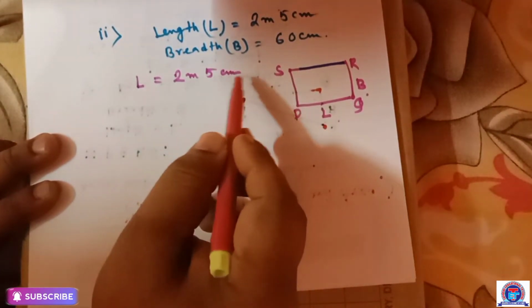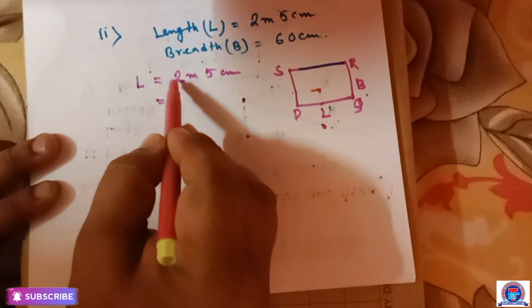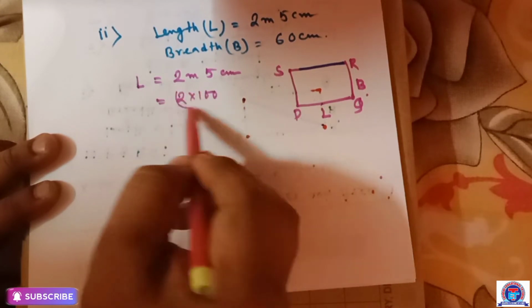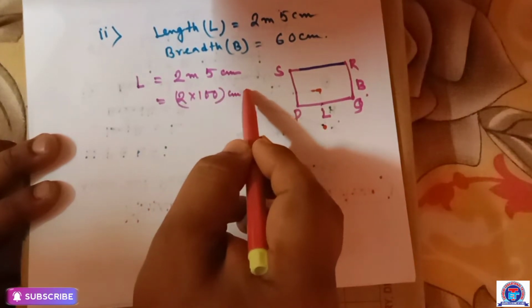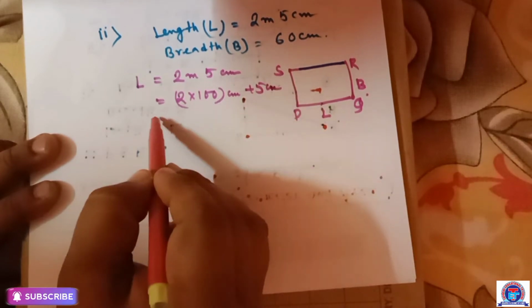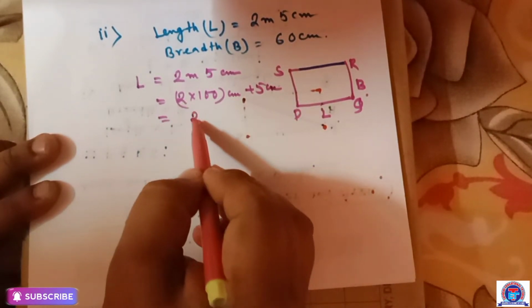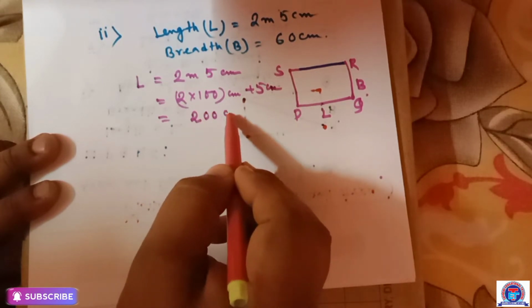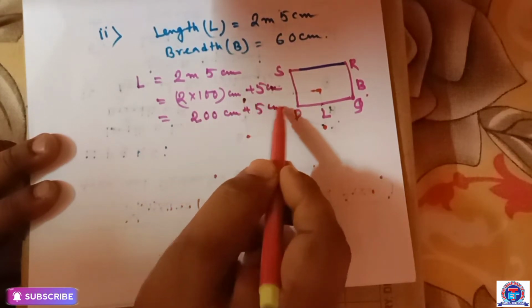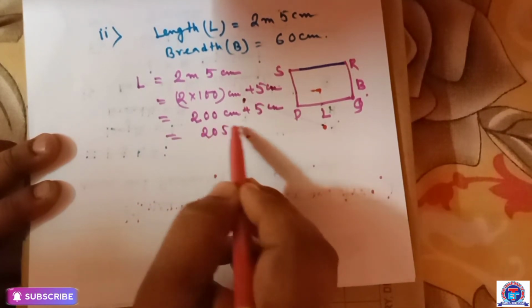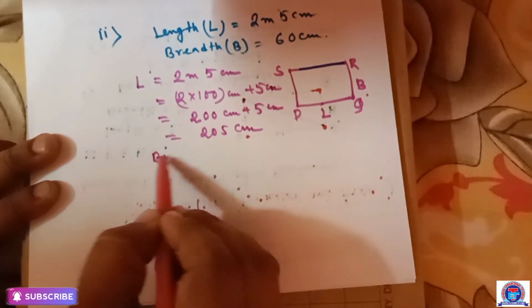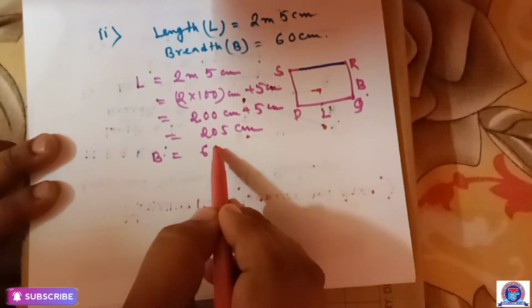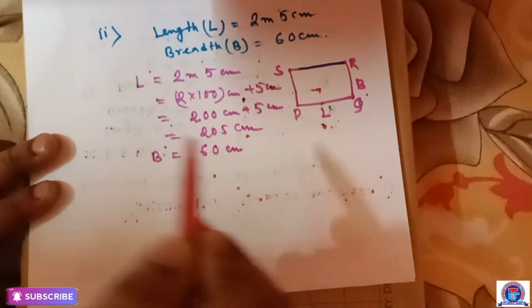Now we convert it into centimeter. So we write 2 into 100 centimeter plus 5 centimeter, that is 205 centimeter. Breadth is already 60 centimeter, that means same unit is there.